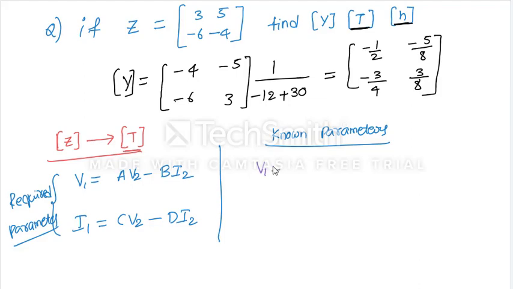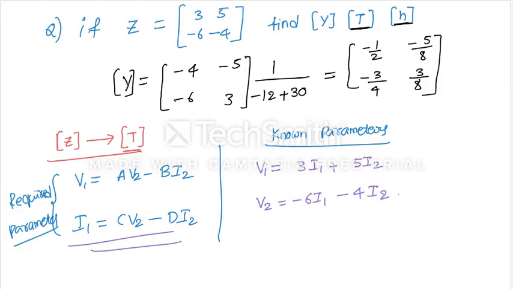V1 is equal to 3I1 plus 5I2. And V2 is equal to minus 6I1 minus 4I2. These are the known parameters, and these are the required parameters. Now I want to convert these known parameters into required parameters, isn't it? See what we can do here.